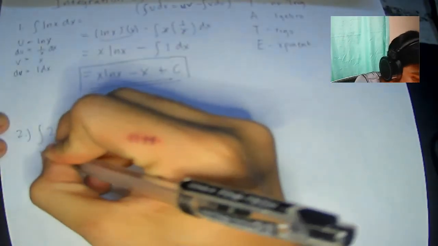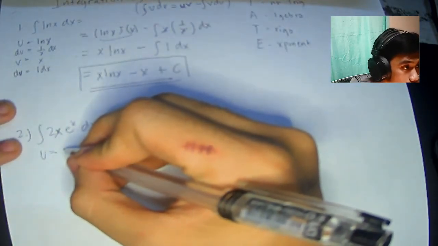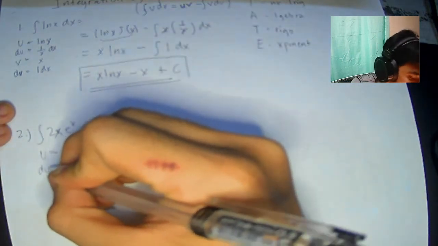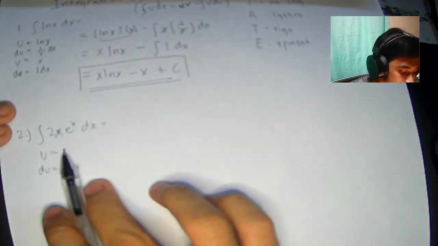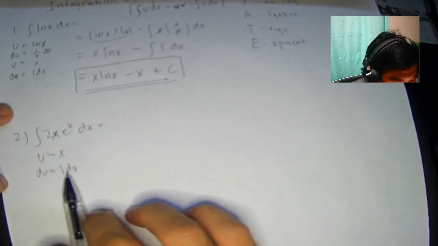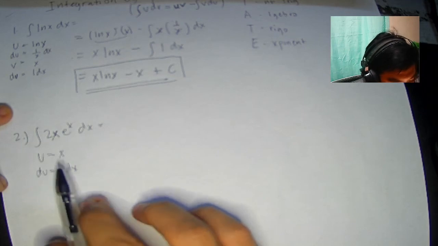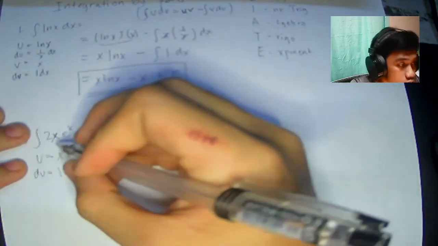Our u is equal to 2x, and our du is equal to 2 dx. The numerical coefficient and exponent are handled, and x is terminated, so it's just 2 dx.